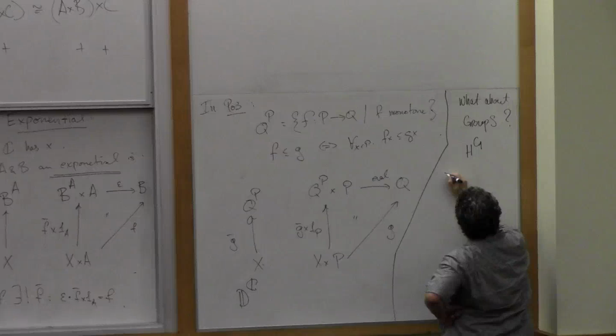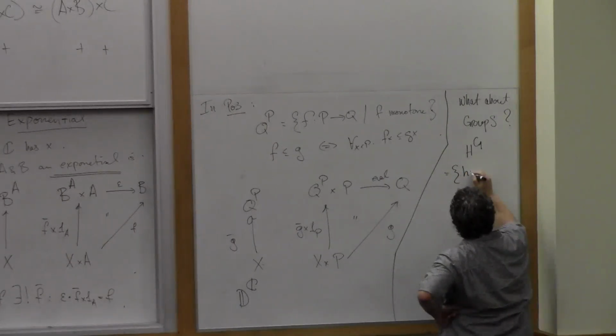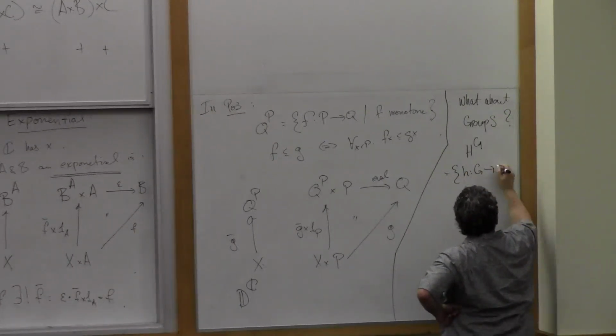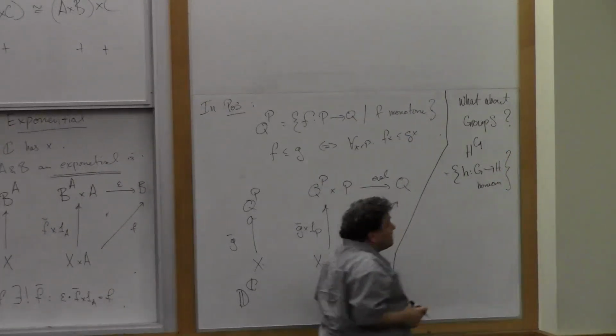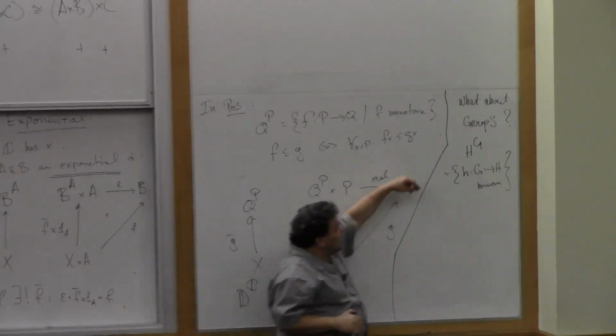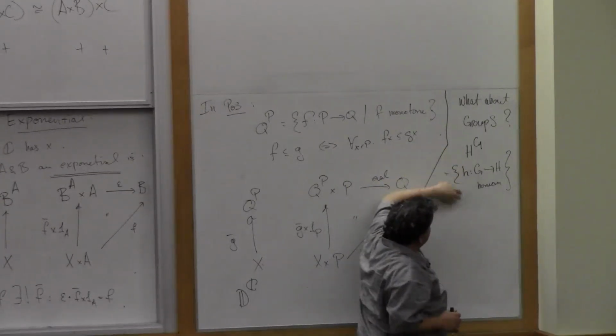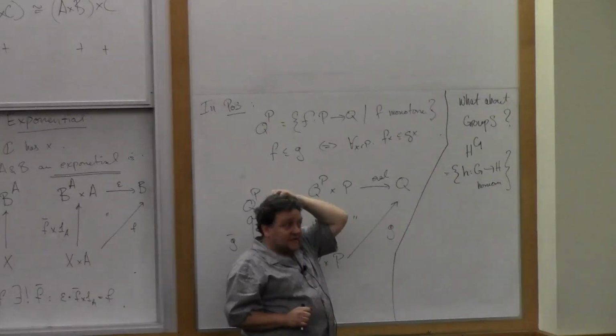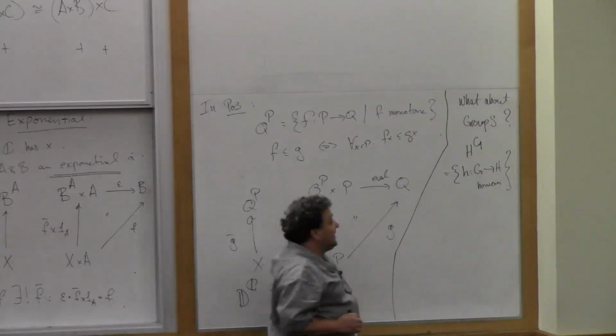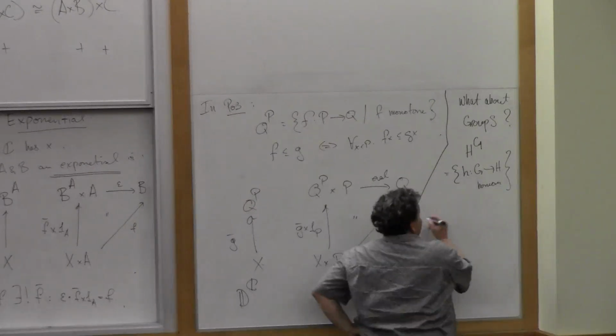Maybe you would try to say it's all the homomorphisms from G into H. And then you'd have to say what the evaluation is and so on. So you could think about that and try to make that work. And the homework exercise is to show that this doesn't work.